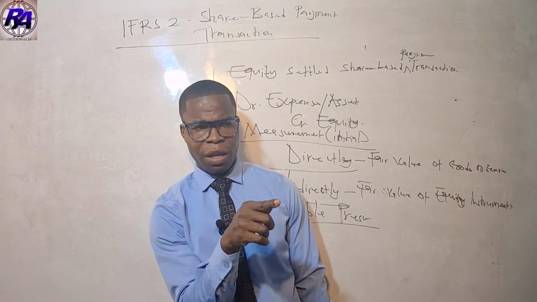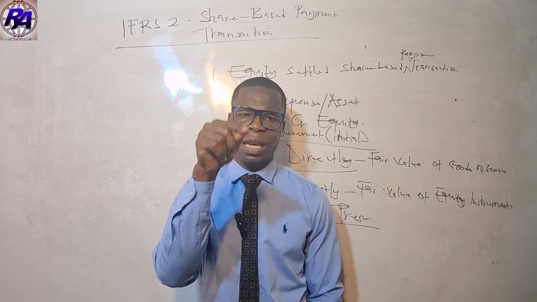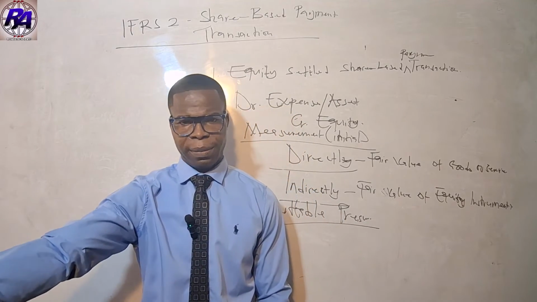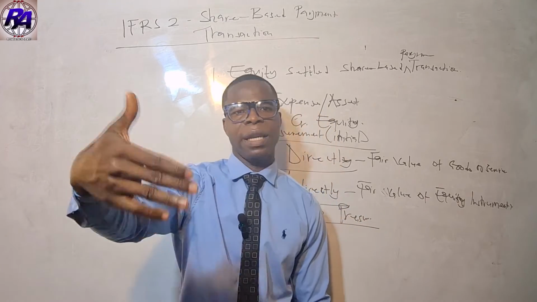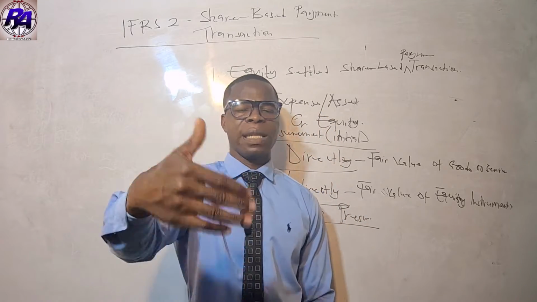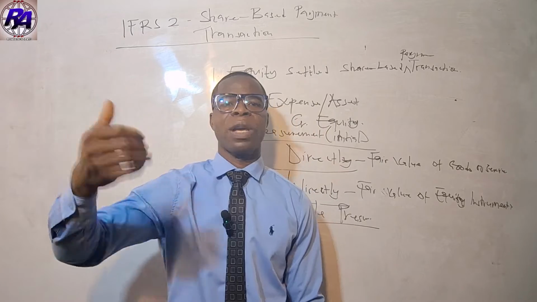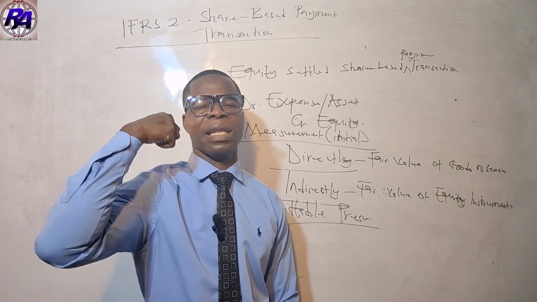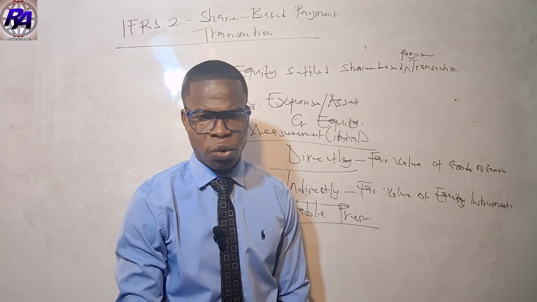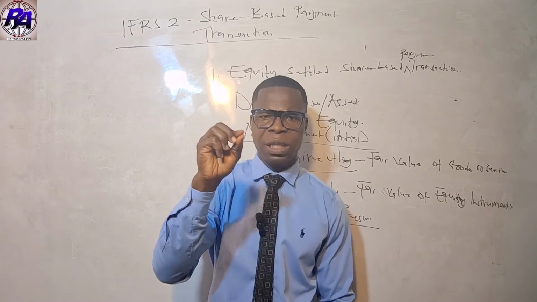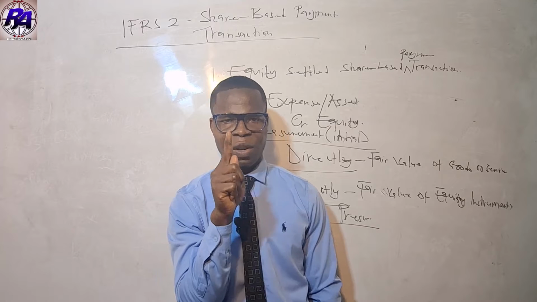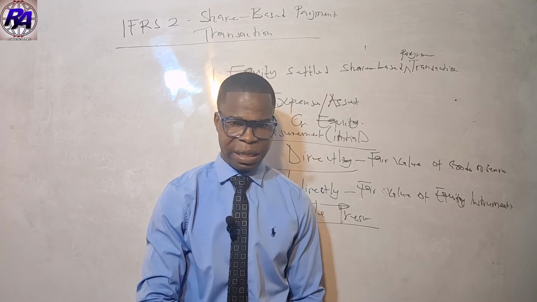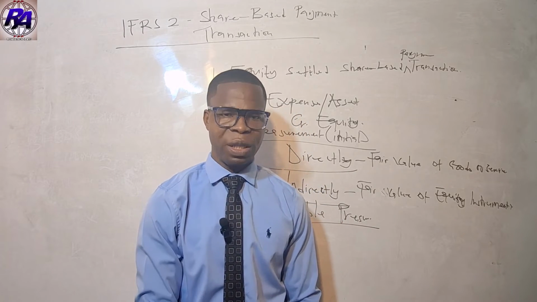That's, I'm giving you this equity instrument, but you have to stay in the business for so many years, or you have to meet certain share price targets, or certain sales targets before we can issue to you the equity instrument or share option. When that happens, there is a way you would treat such a transaction.